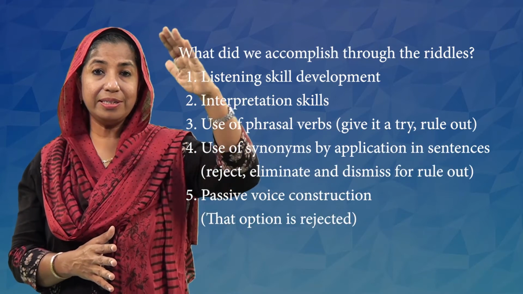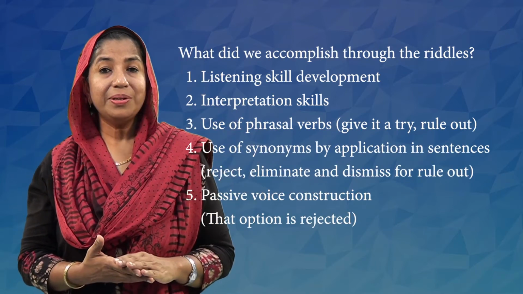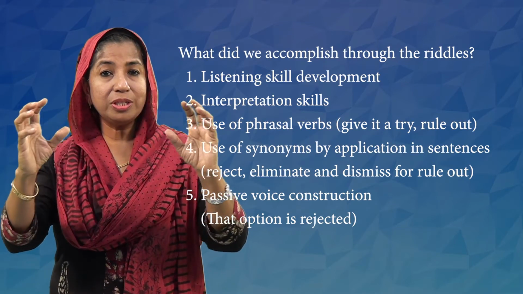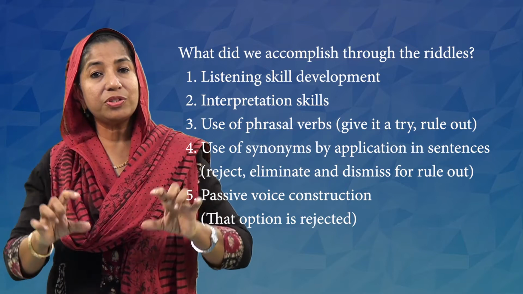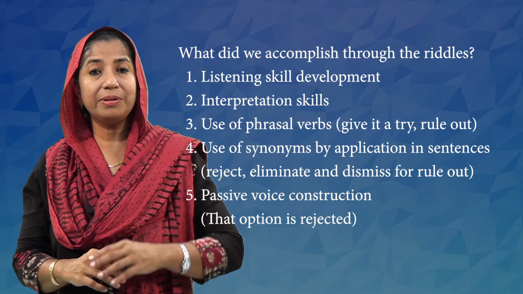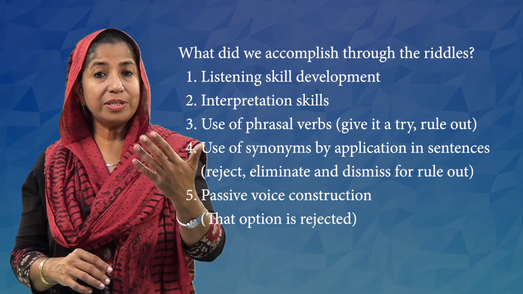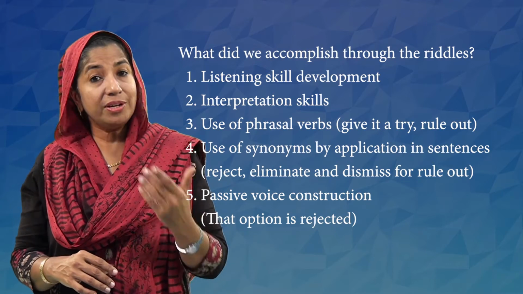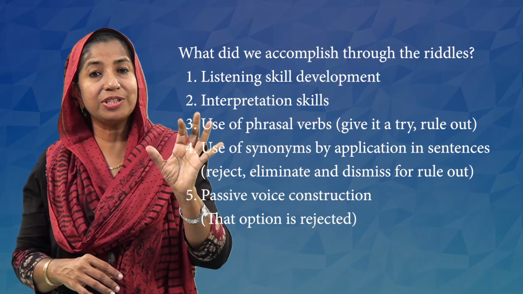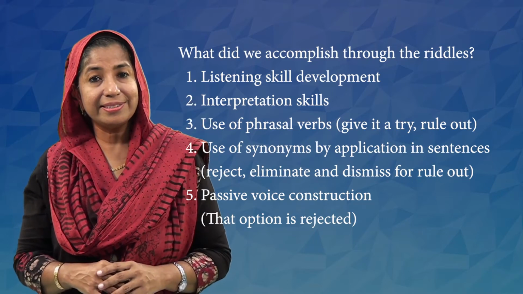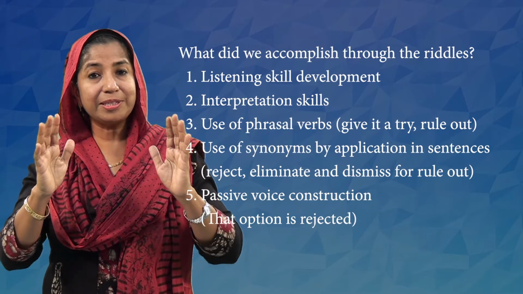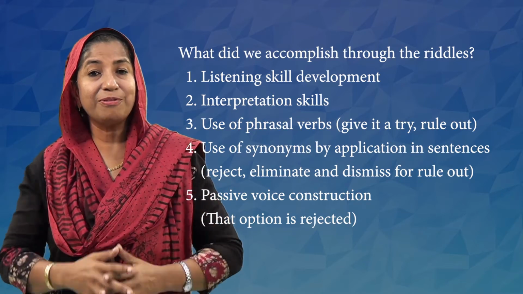Along with listening skill and interpretation, we are also automatically exposing the children to different language structures. Like for example, we introduced phrasal verbs, we introduced question structure, we even introduced the passive structure of English sentences. But again, these are not done deliberately, but as a part of delivery of the riddles.